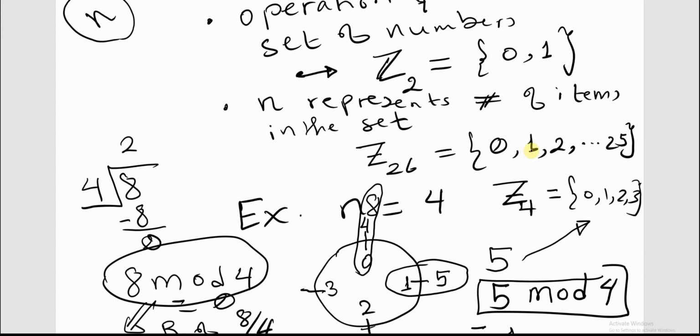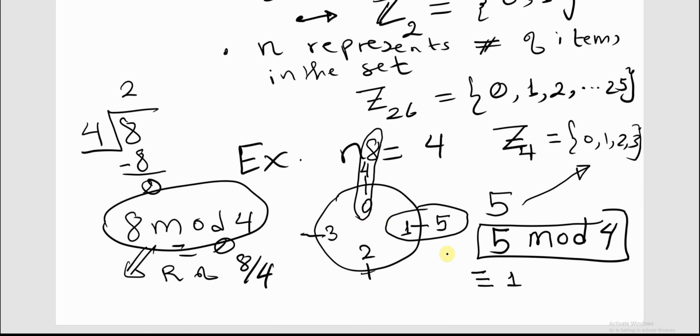Z26 has the items 0 until 25. And when n is equal to 4, the set of integers is 0, 1, 2, and 3.